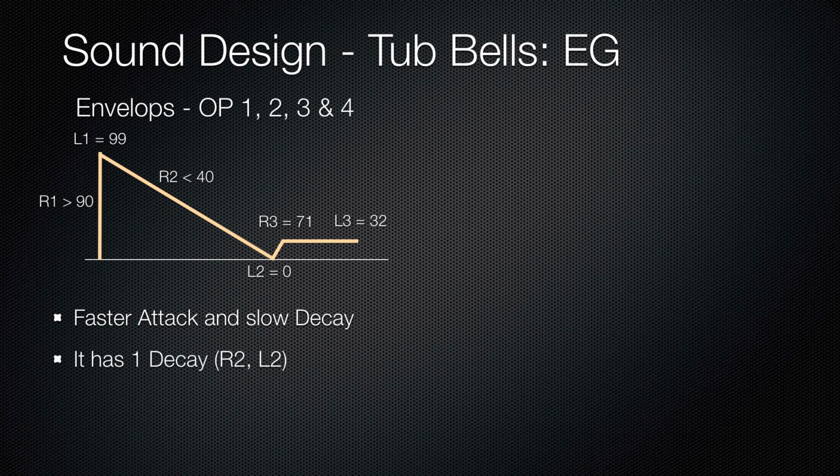This means that they only have one decay, which is controlled by rate 2 and level 2. Although, when you press a key long enough, their envelopes reach rate 3 as level 3 is 32. You only hear a very faint sustained sound. So, rate 3 and level 3 are redundant.